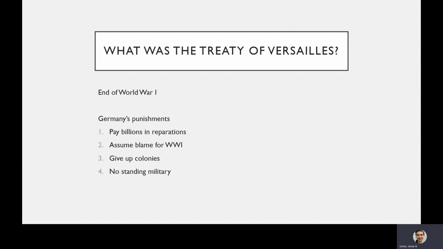And they had to have no standing army, basically meaning that the other European countries took away their military so that Germany couldn't turn around and then go fight them. So they punished them severely and then gave them no way of fighting back. That's the idea.